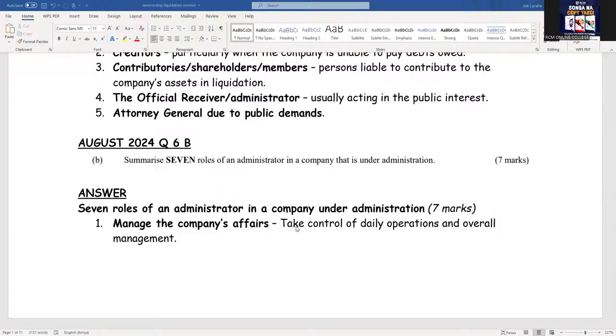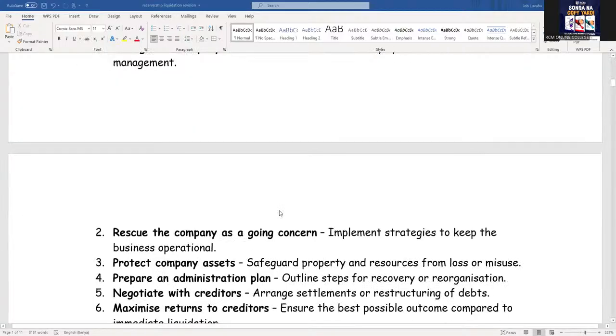It could be due to mismanagement, and therefore to save the life of the company, it can be put under administration. The administrator takes over the overall management of the affairs of the company, to rescue it as a going concern, not to let it go under. Other than the company being liquidated, he's trying to save the situation.